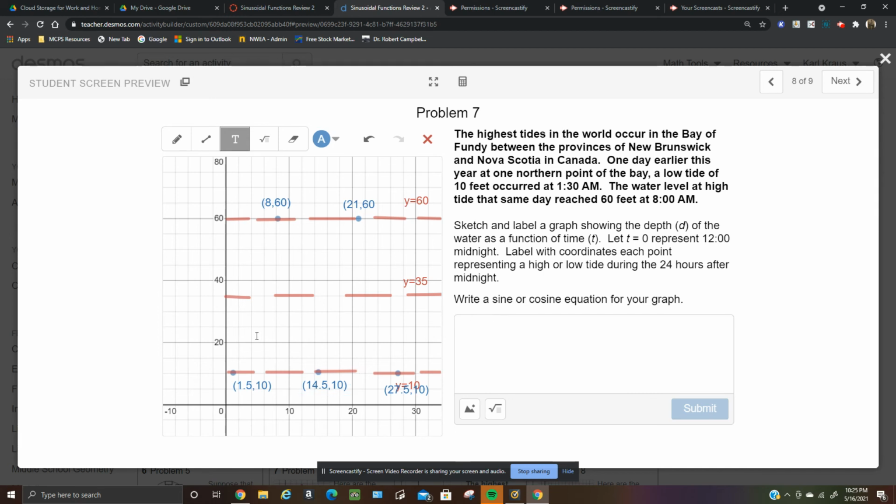All right, and then one cycle halfway between these two. So 9.5 divided by 2 is 4.75. And then 22.5 divided by 2 would be 11.25.